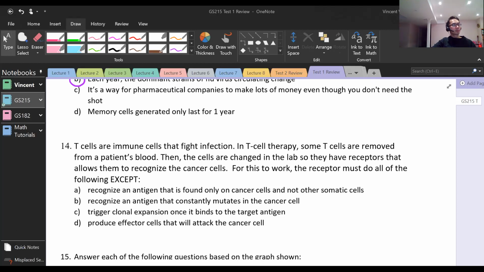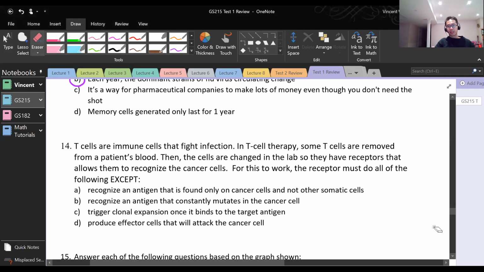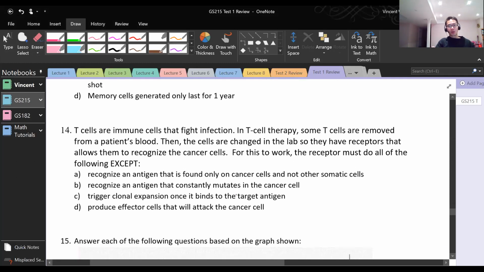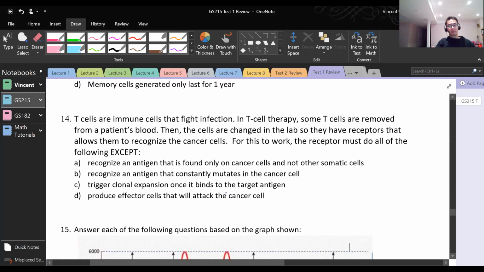All right. So we're going to take some T cells out, expose them to some antigens, and put them back in. And in order for this to work, what do you need to happen? Like the question says, for this to work, the receptor must do all of the following, except what?